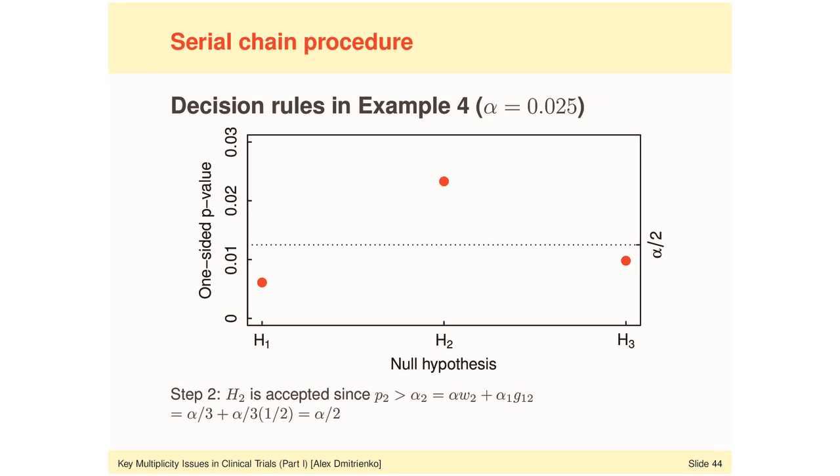As a result, in step 2 the hypothesis H2 will be tested, and in this case the corresponding significance level, which was updated after the rejection of H1, is alpha over 2. It is higher than the original predefined significance level for H2.